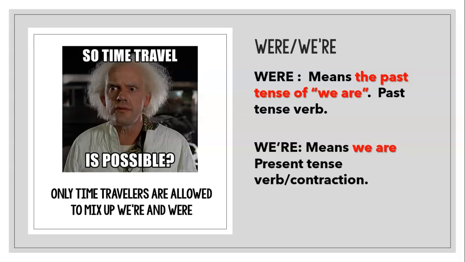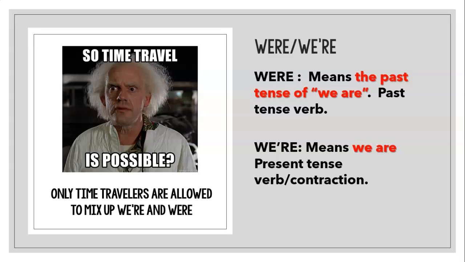Our next set of words is were and we're. Were is the past tense of we are. It's a past tense verb, so we were going to bake a chocolate cake, but then we lost power. We were going to bake a chocolate cake in the past, but then we lost power.